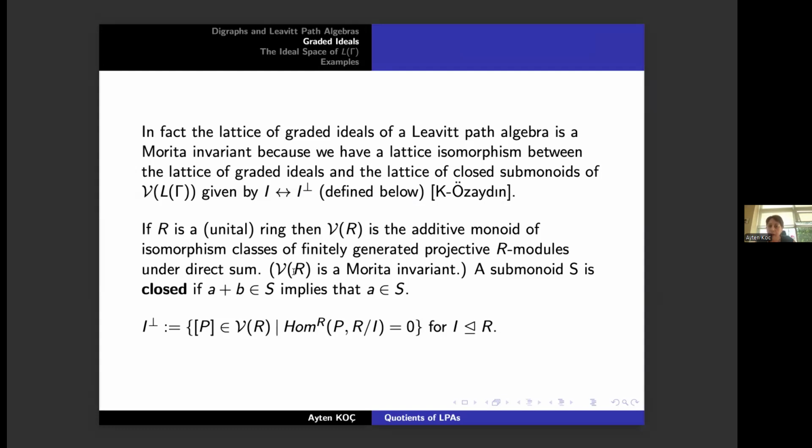This V of R is a Morita invariant, and using this isomorphism, the lattice of graded ideals of a Leavitt path algebra is also Morita invariant.